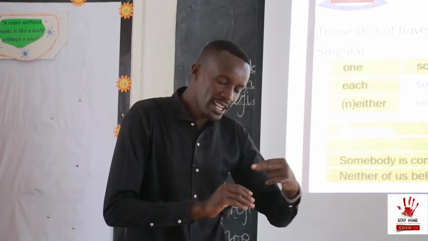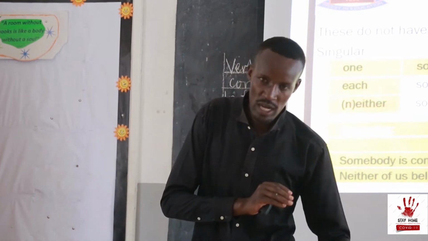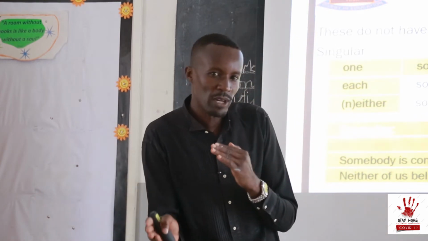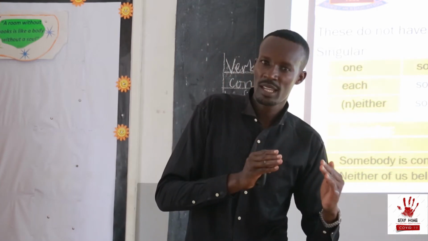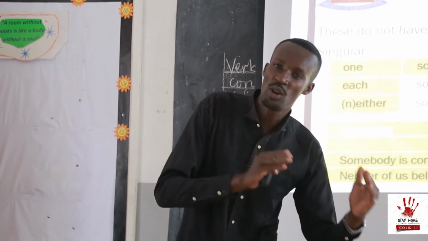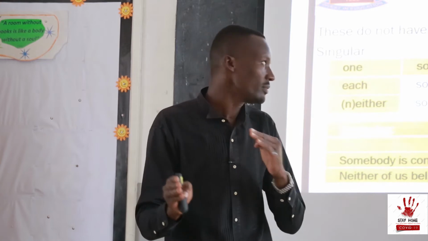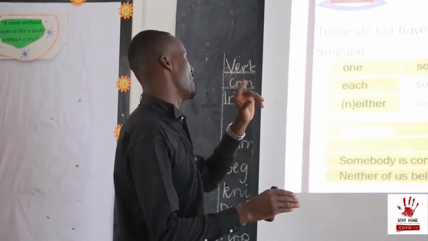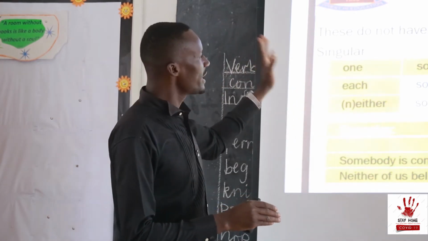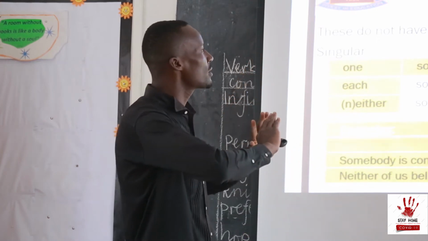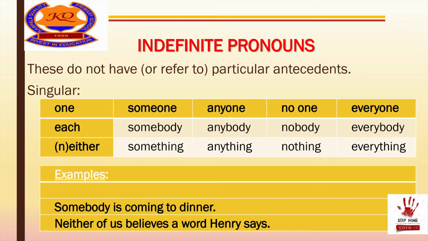Okay? So having replaced that noun with a pronoun, that noun is now called an antecedent of a pronoun. I'm happy you have remembered. Now, these indefinite pronouns do not have particular antecedents.